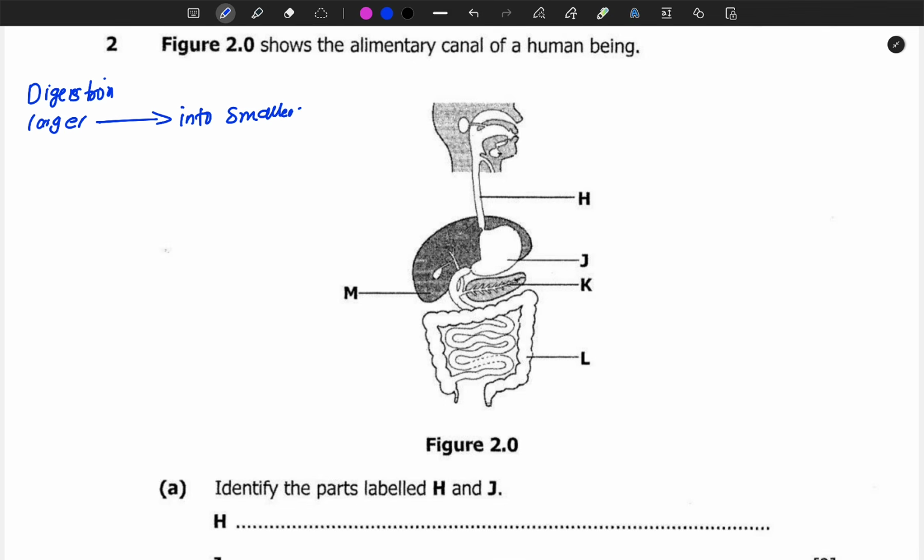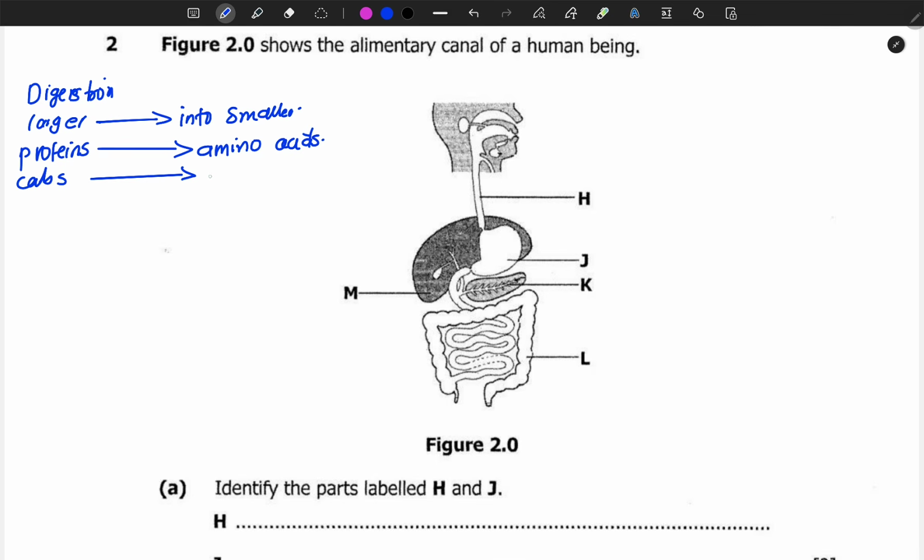So here we have food like proteins. Proteins are in larger sizes and they need to be broken down into the smaller ones known as amino acids. Then we have the carbs, which is carbohydrates.